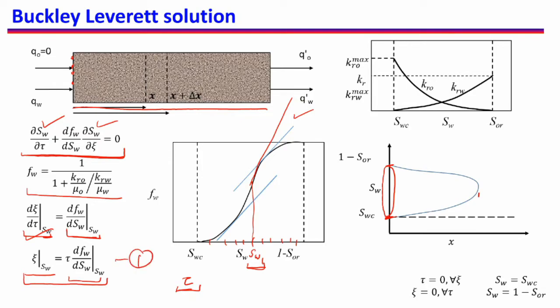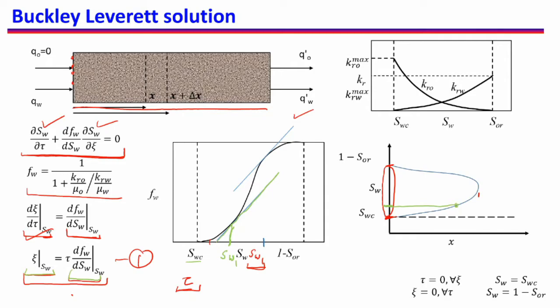So now I will talk about three such saturations. Let's say we want to find out saturation Sw1. If we go to the fw curve, we find this particular slope of Sw1, and we can multiply this slope here with tau to find the distance traveled by that particular saturation. Let's say that saturation is somewhere here because that is close to SWC, and that saturation has reached here.